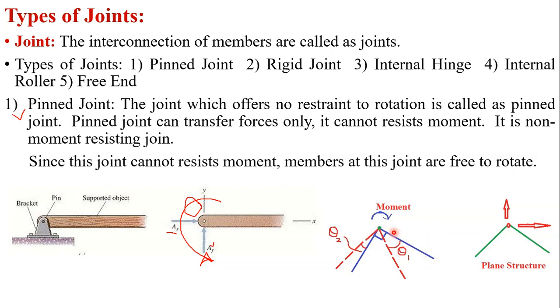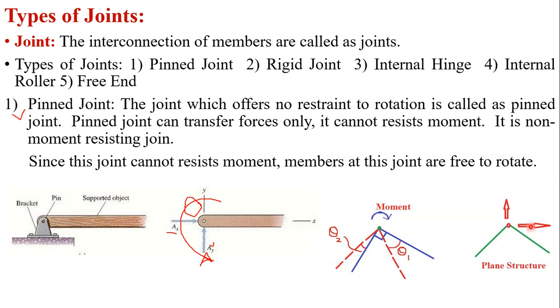The first member will move to the new position shown by the dotted line, and hence this is the rotation of the first member. Similarly, the second member will occupy a new position because of this moment. This moment is in the clockwise direction, so members are also rotating in the clockwise direction. This dotted line shows the position of the second member. So theta 1 is the rotation of the first member, theta 2 is the rotation of the second member. Remember here, theta 1 is not equal to theta 2. So members are free to rotate at a pin joint.